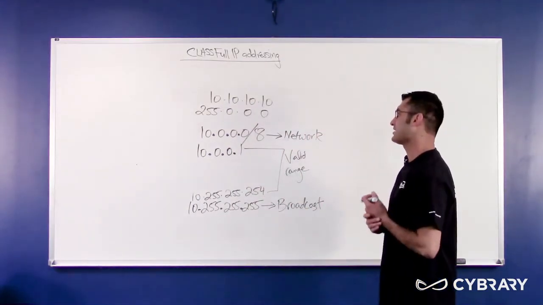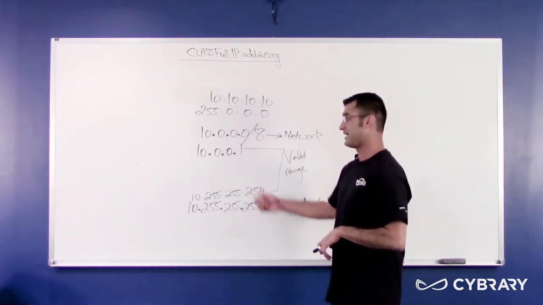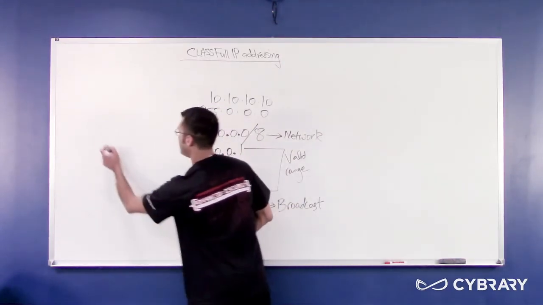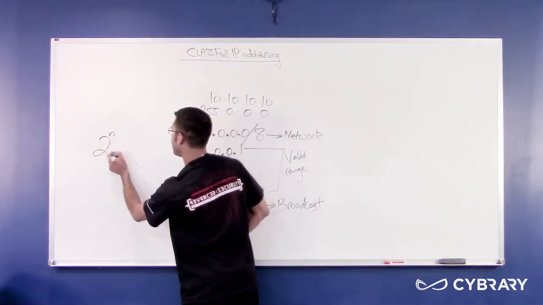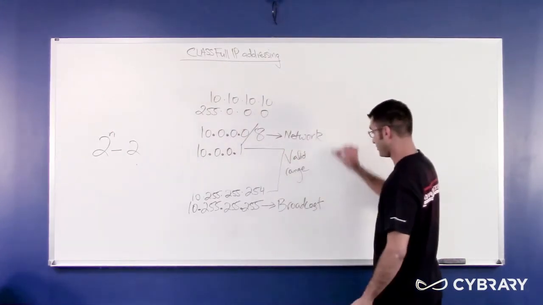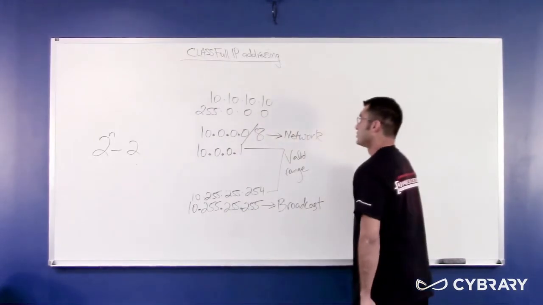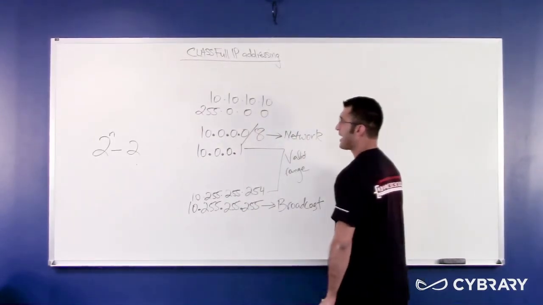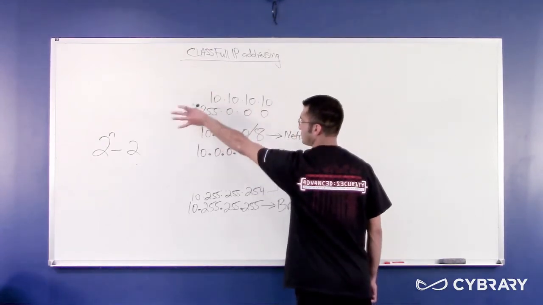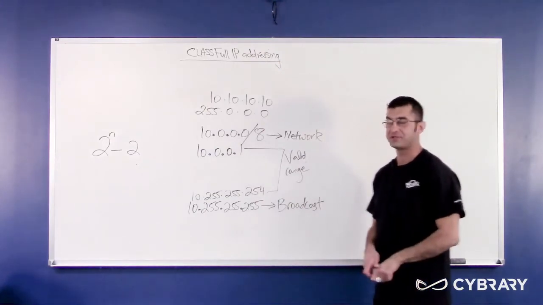Now, if you were to ask me what is the total range of addresses between .1 and .254, let's see if I remember. So this would be, again, 2 to the power n minus 2. Minus 2, once again, because we take away the first and the last address. So this is going to be 2 to the power... The first octet belongs to the network, so that's gone. The second, third, and fourth octet belong to host addresses.